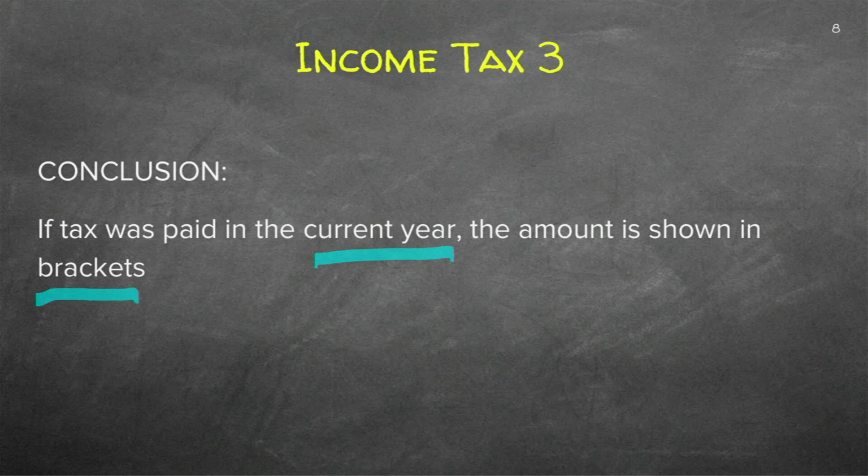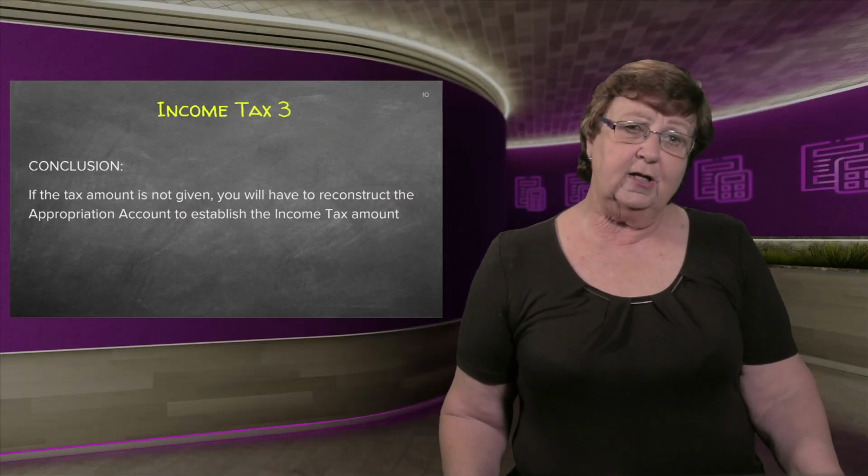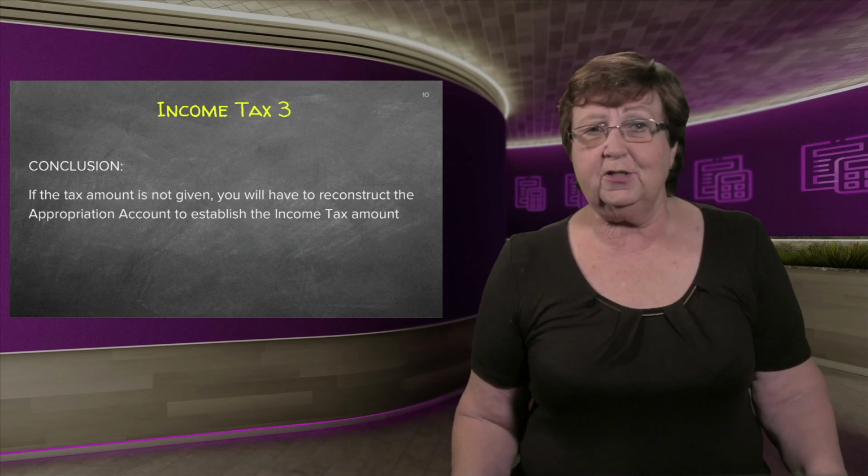So if tax was paid in the current year, the amount is going to be in brackets. And if the tax was not paid in the current year, the amount is not in brackets. Conclusion. Quite simple to learn.